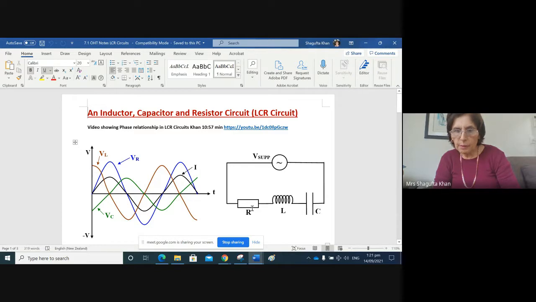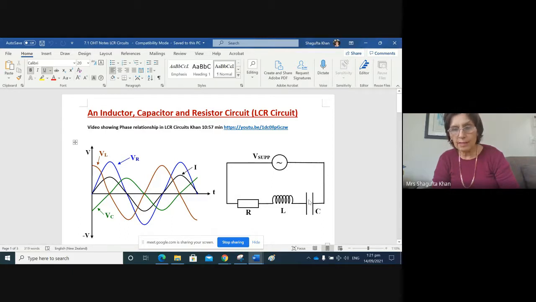So remember, the resistance of the resistor does not change even if the frequency of the supply is different. But an inductor and capacitor, their reactance depends on the frequency. So the formula for the reactance of this one is 2 pi FL, and the formula to find the reactance of this one is 1 over 2 pi FC.